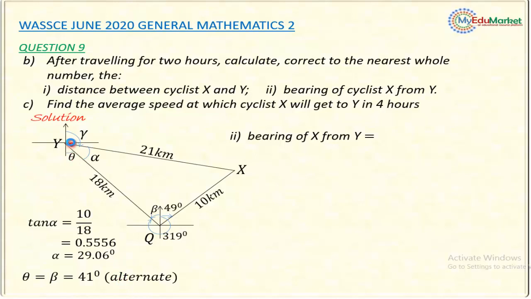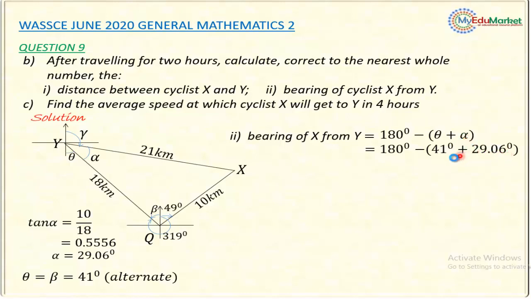So therefore I can get my gamma, because gamma plus alpha plus theta form angles on a straight line, so they will be 180. To get gamma, simply I'll subtract the remaining two. So my bearing will now be 180 minus the sum of theta and alpha. But theta is 41, alpha is 29.06.